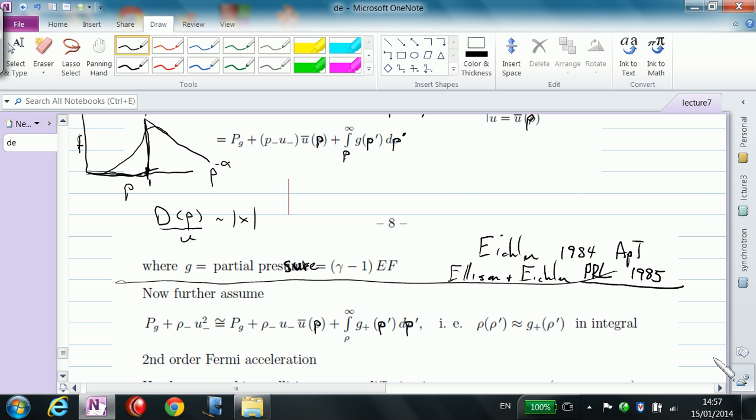Normally I don't go through the whole calculation when I teach the course, which is why the notes are in such bad shape. I never actually do it.